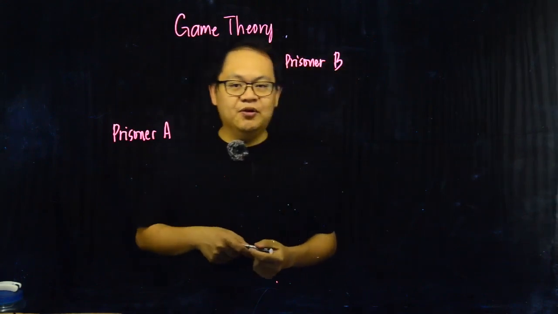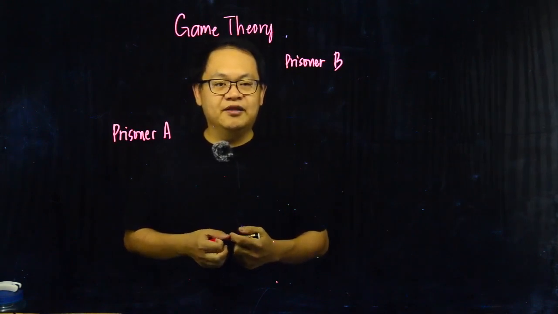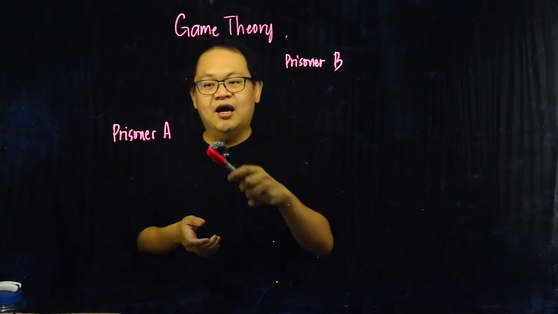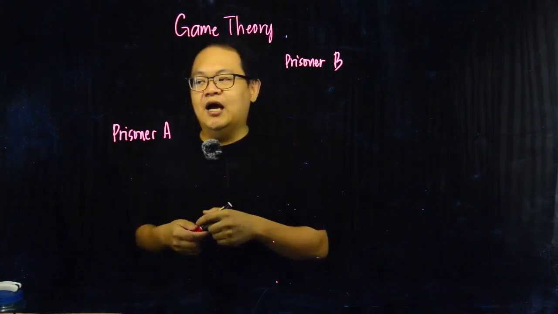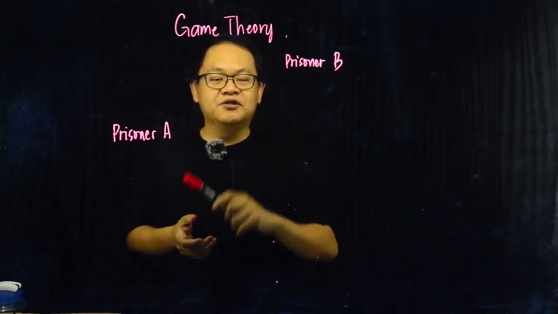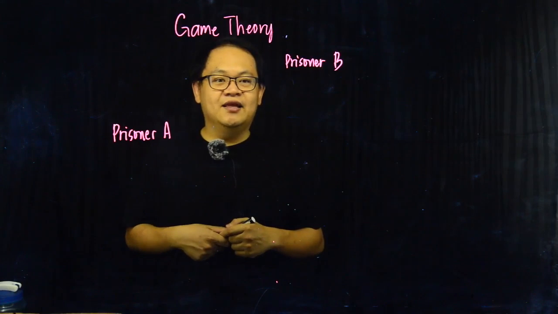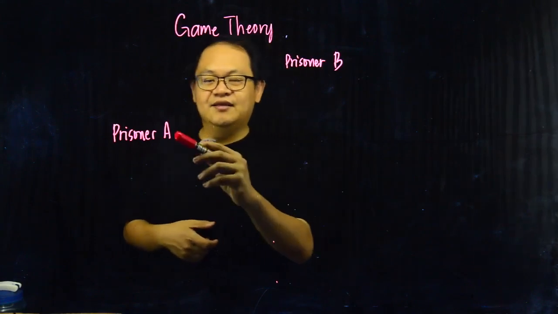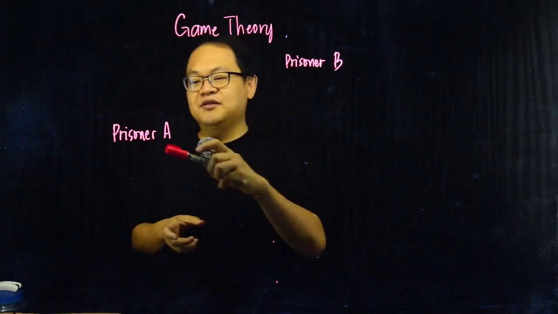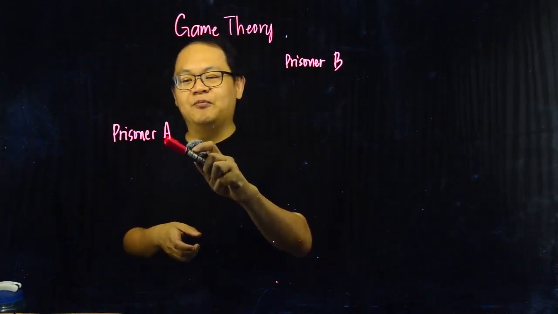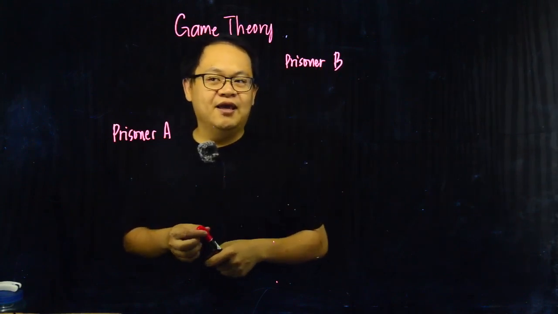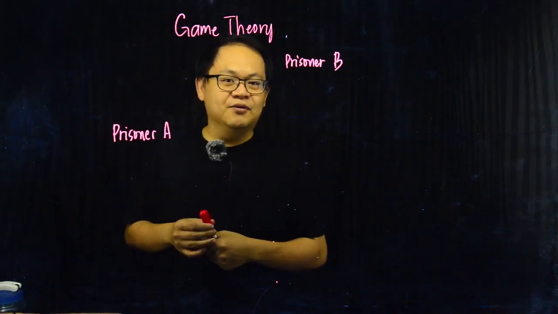So because they are in the interrogation room and these two prisoners, even though they cannot talk to each other, can see each other, they are placed in a situation where it is beneficial for both prisoner A and B to stay silent. Why? Because staying silent for both prisoner A and B is a way of communicating. If prisoner A stays silent, it is a way for prisoner A to communicate to prisoner B, look, I'm staying silent, I'm not ratting you out, so you better also stay silent.